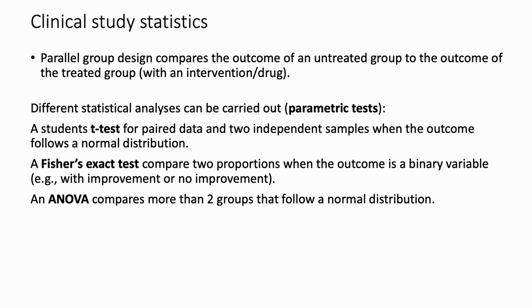We call them parametric tests. So a student t-test for paired data and two independent samples when the outcome follows a normal distribution. We may use a Fisher's exact test to compare two proportions when the outcome is a binary variable, for example, improvement or no improvement, dichotomous, yes or no. And ANOVA compares more than two groups that follow a normal distribution.